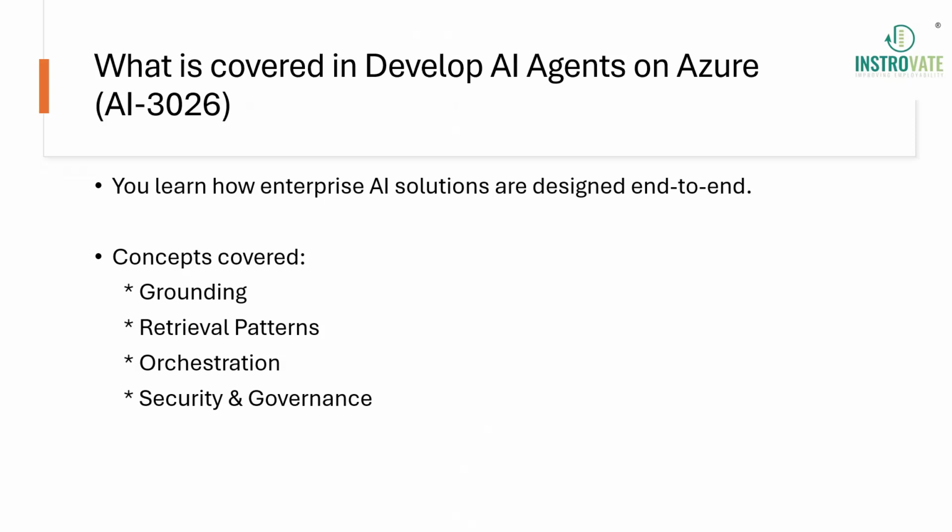Another critical part of the course is security and governance. You learn how AI solutions respect the user identity, the role based access, the data permission, and the compliance boundaries. When two users ask the same question, why are they getting different answers? They are getting different answers because they are allowed to see different data, or they have different role access in the organization.